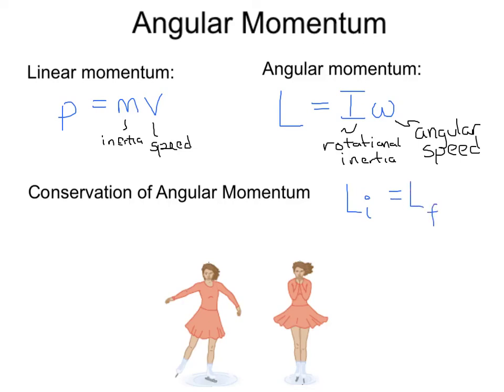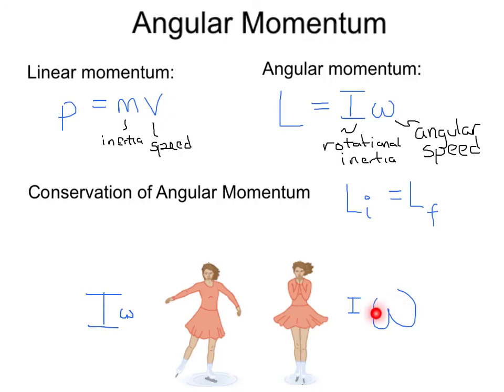Let's take a look at our figure skater again. Recall, with her arms apart, she has a large rotational inertia and spins more slowly. We will say now that she has a small angular speed. Now when she brings her arms in, that reduces her rotational inertia, and she can spin faster. That is, she'll have a larger angular speed.